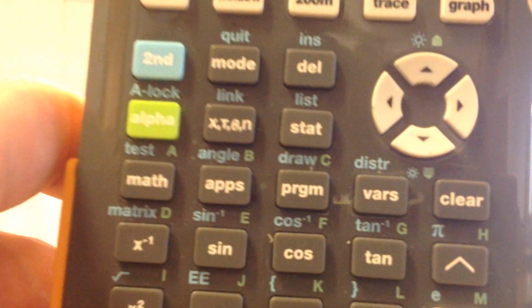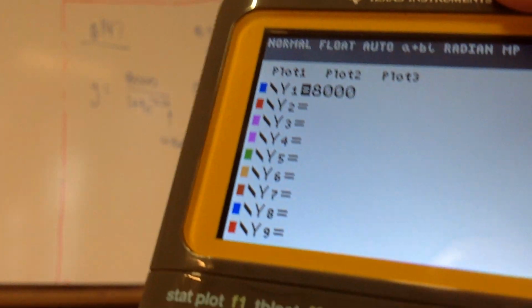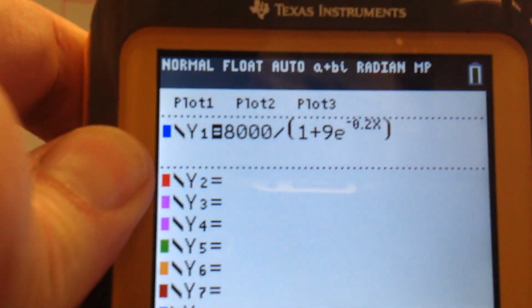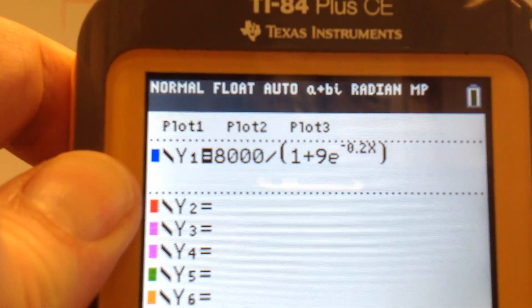And now we're going to put in 8,000 divided by, and then we need parentheses. Okay, so divided by parentheses, 1 plus 9, and then we do that second e to the negative 0.2x. And then close off the parentheses, and we'll get something that looks like this.